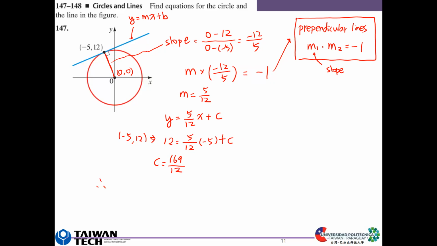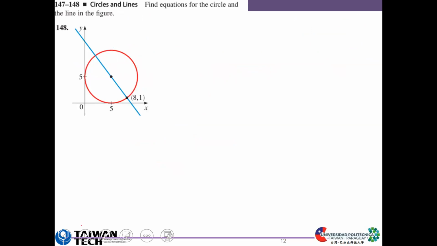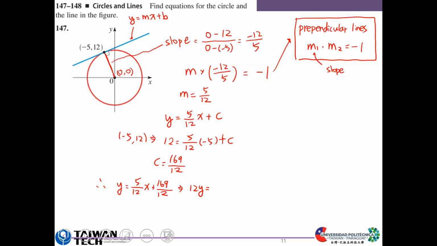Therefore, the equation for the line is y equals 5/12 x plus 169/12, or you can multiply both sides of the equation by 12 and say 12y equals 5x plus 169. So this is the line equation.